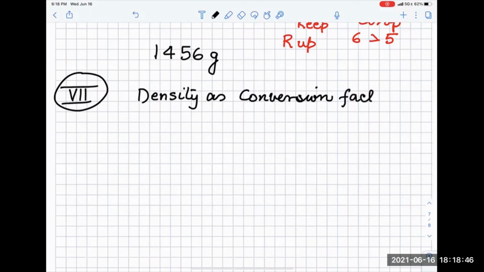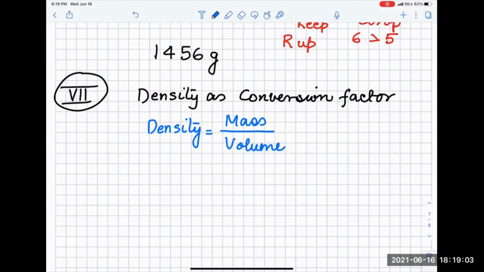In other words, you can use formulas also as conversion factors. So here's the density. Density is equal to mass over volume. Okay, mass over volume. So now break the whole thing up.